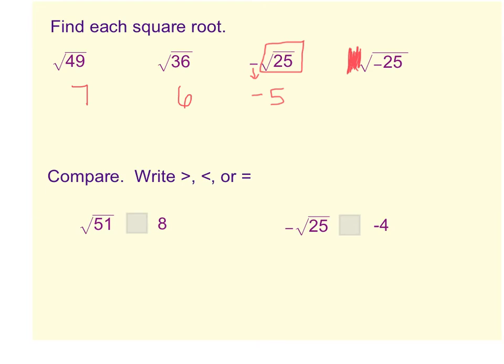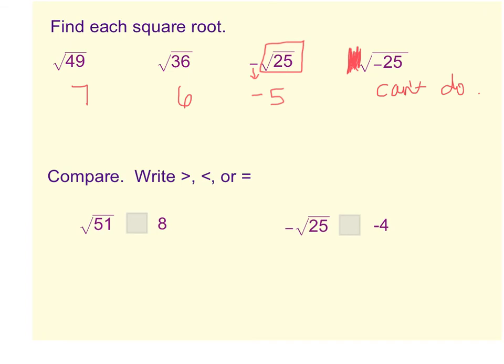You could write can't do, you could write no solution, you could write undefined. Whatever, I'm not going to be picky about that. If you type that into your calculator, you would get the same thing. You'd get an error message. So you can't square root a negative number.